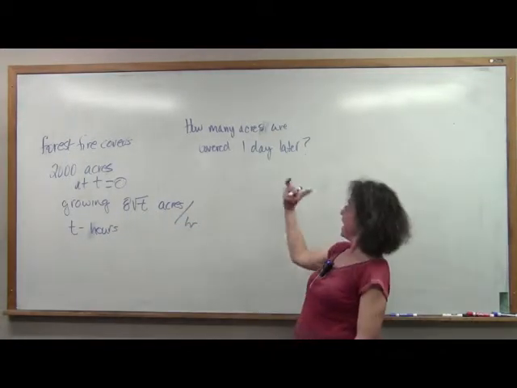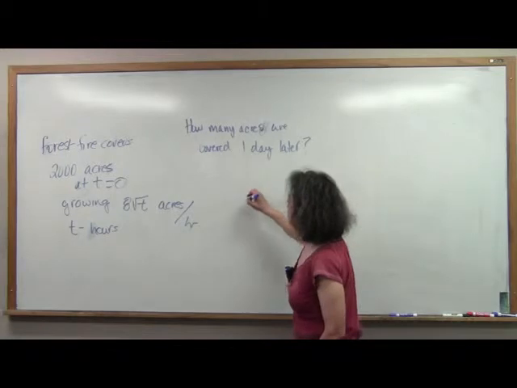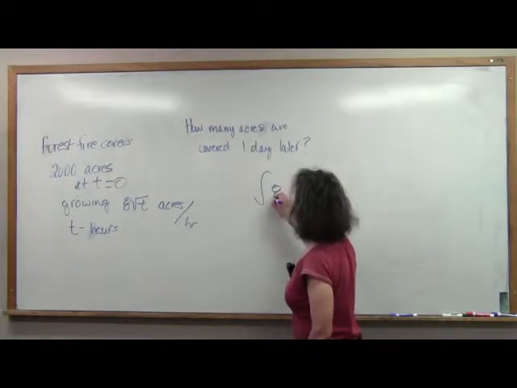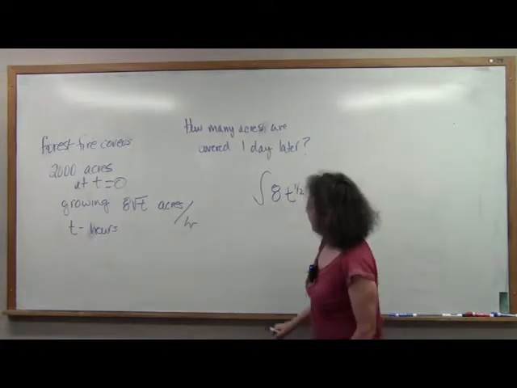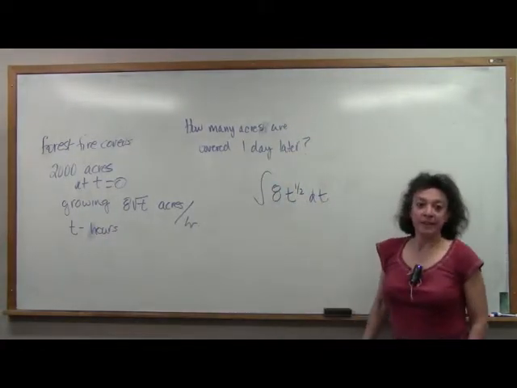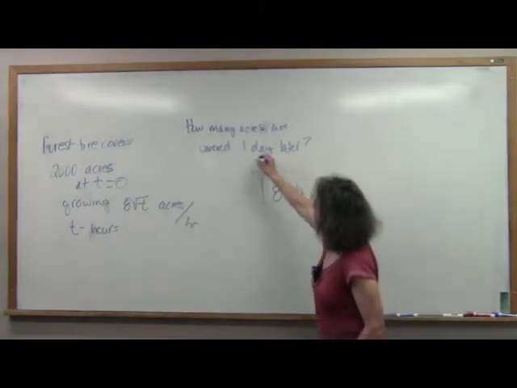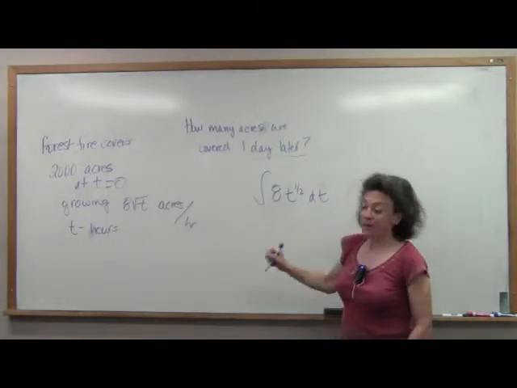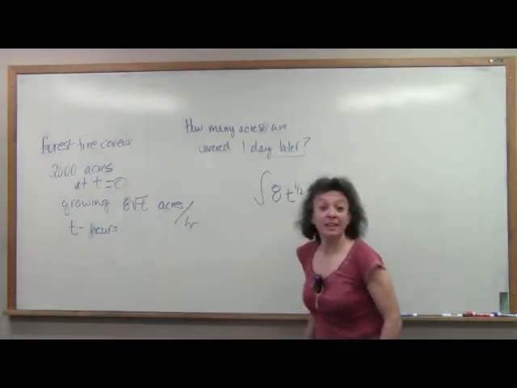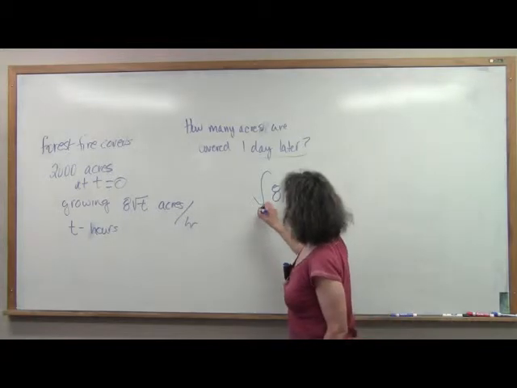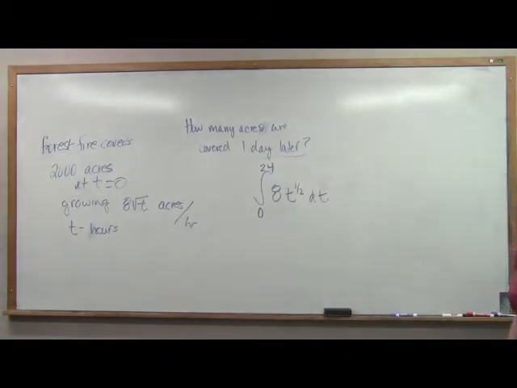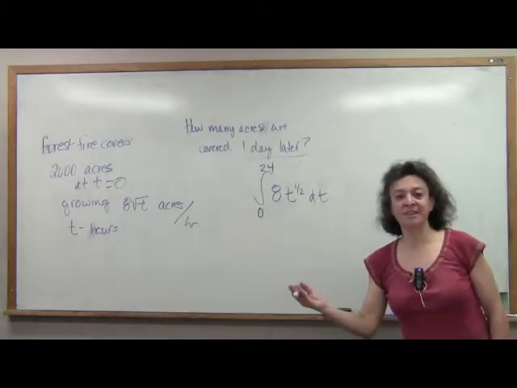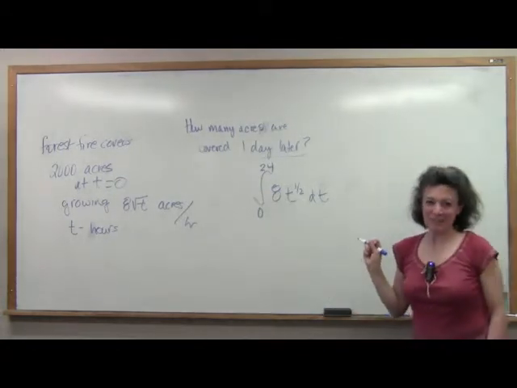So the way to get to acres, which is what we're looking for, is to take the antiderivative of 8 root t. Now, what do we put here? Notice I asked 1 day later, but time is given in hours. So we're going to actually evaluate that from 0 to 24. So I did this intentionally to say, hey, pay attention to units.